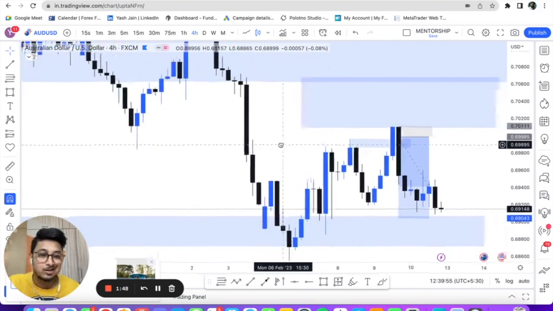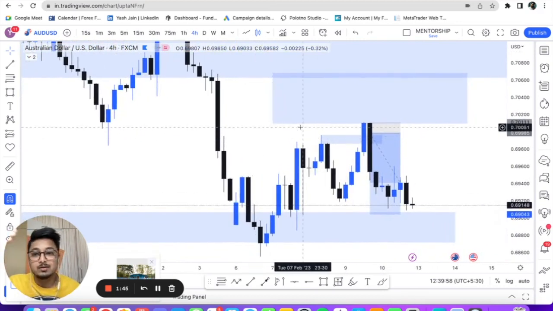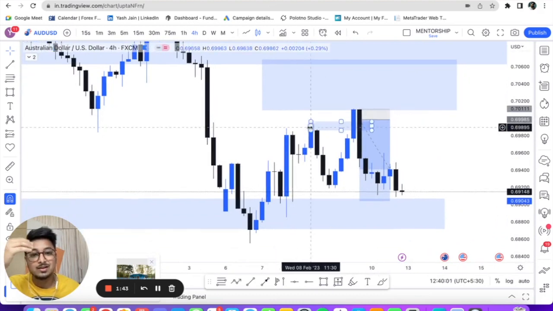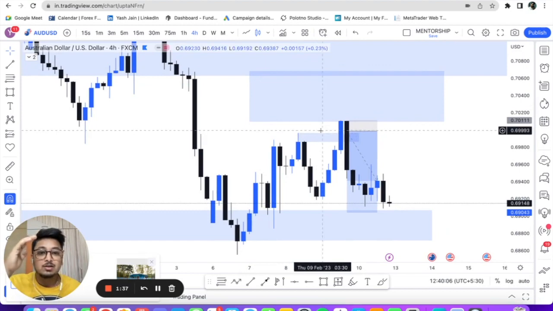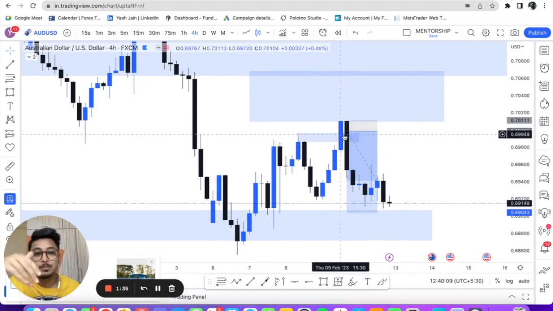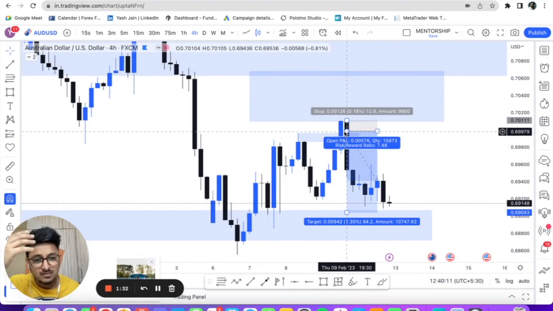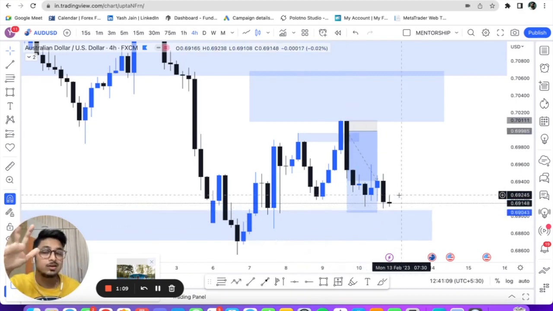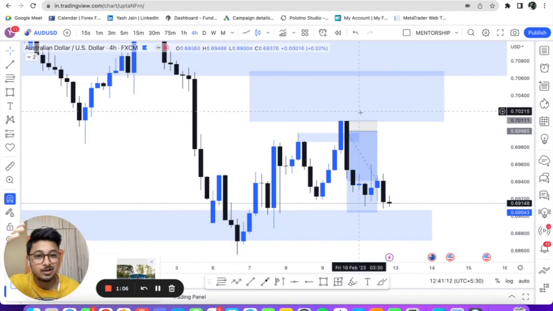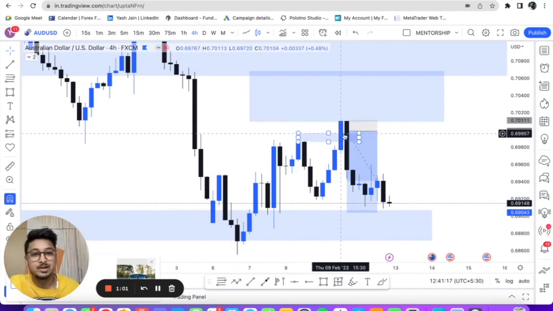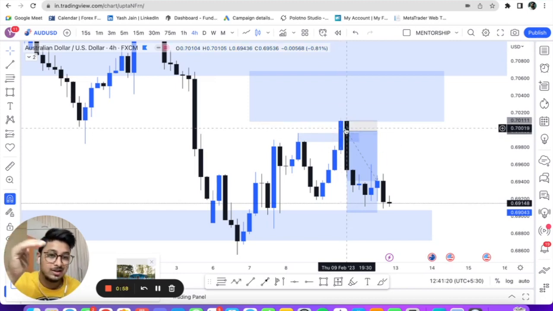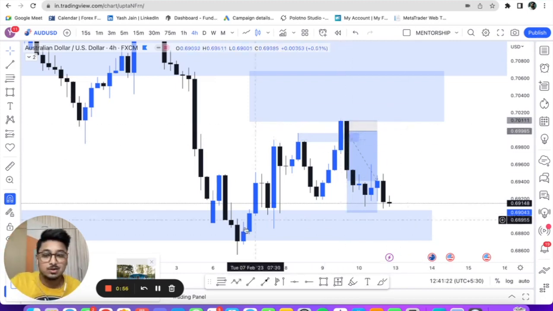Even going back and backtesting this, I realized that if at all it is at a key supply or a key demand, or any key support resistance, it will slightly go above that, stop hunt, and make you feel that the market is not really holding up to your levels, and you might end up changing your bias. But in my opinion, for AUD USD, if you are swing trading, just wait for your supply to breach, and then on a break of any smaller support, or on any resistance being formed, you try to take a sell opportunity.